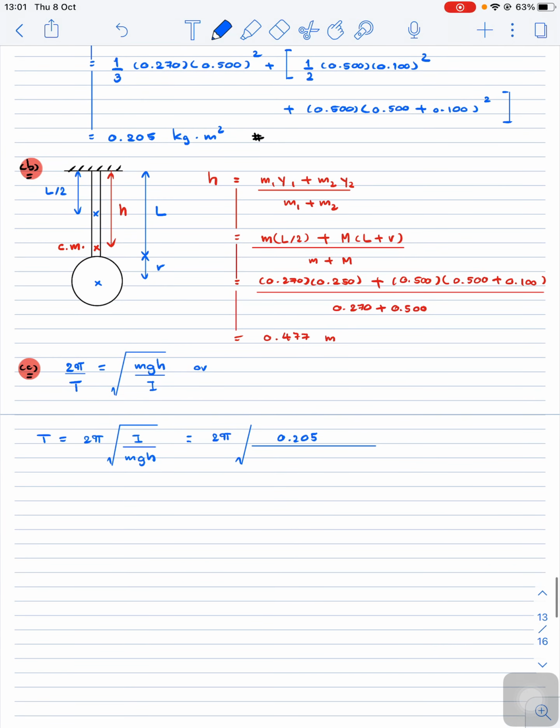So it's 0.270 plus 0.500, times g, 9.80, and then times h, the distance from the pivot to the center of mass, equal to 0.477 meter.